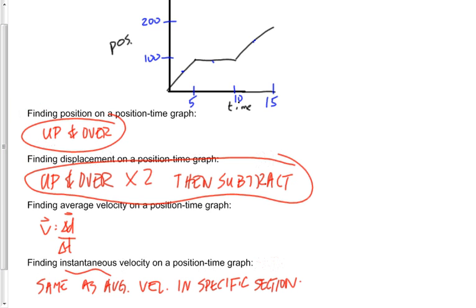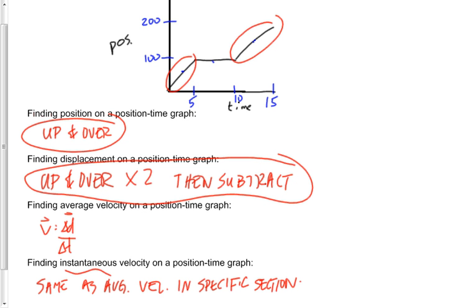If you find the average velocity for section 1, and it's not changing, then the velocity at any moment in time along that stretch will be the same as the average. The instantaneous anywhere in that section is going to be the same as the average.